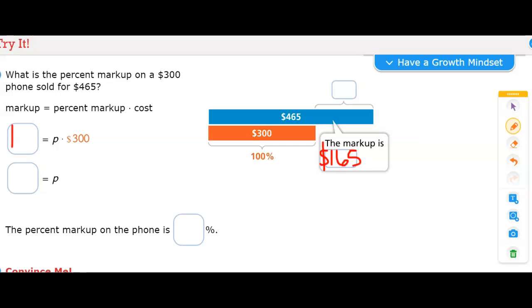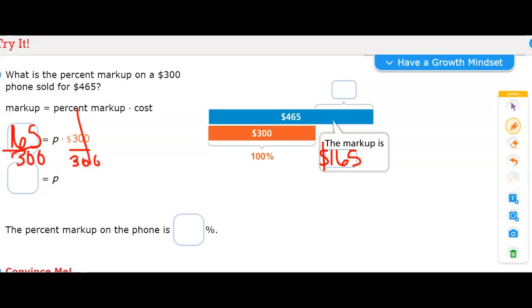So 165 goes here, that's our markup, and then the P is the percent markup times the cost, which is 300. We have to do the inverse of multiplying, so we're going to do 165 divided by 300. We're going to divide that on both sides. That cancels out.